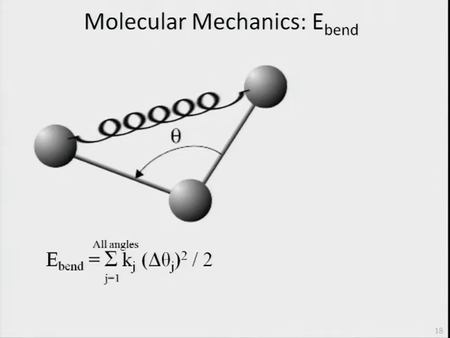The form of this equation is pretty much exactly like the first one, where there's going to be an ideal bend angle. If you try and squeeze them together, it's going to resist. If you pull them apart, there's also going to be a force that wants to restore the ideal angle.